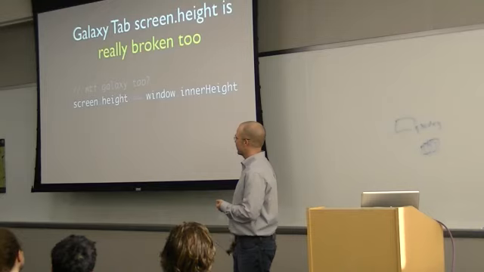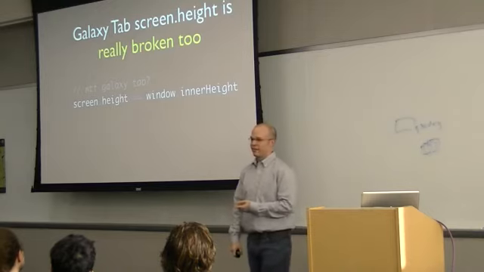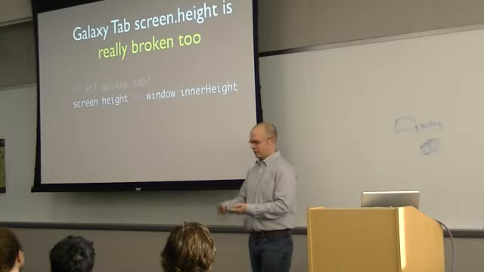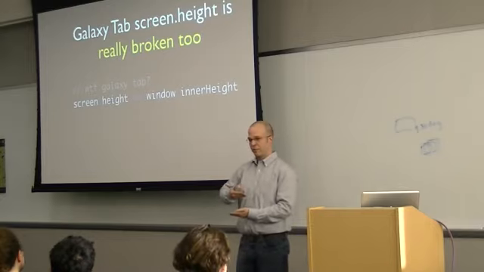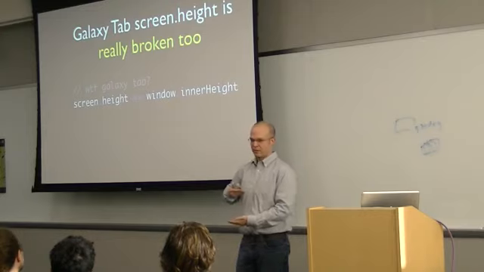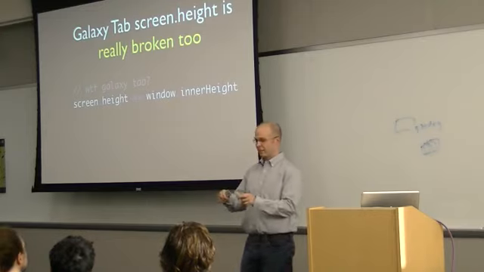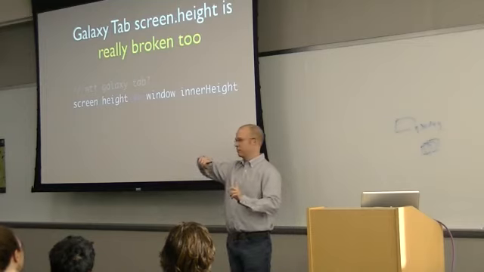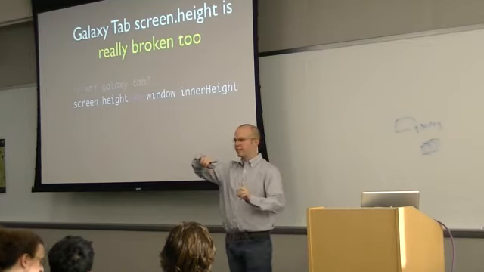So what's actually happening here is the Galaxy Tab gets confused about some things. It confuses the size of the viewport in the browser with the size of the screen. Now, if you opened up Firefox and typed in screen.width, it'll tell you the size of your monitor. It'd be 1440 by 900 or whatever your desktop resolution is.